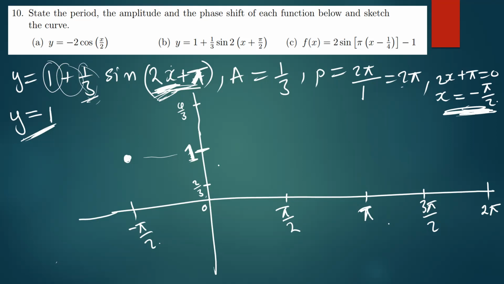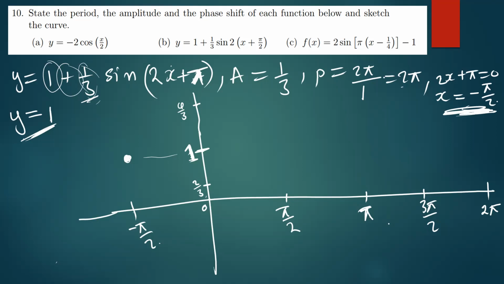How is this coming out? Let me try to check it. Okay, so we have 2x there. Let's try to look at the period.